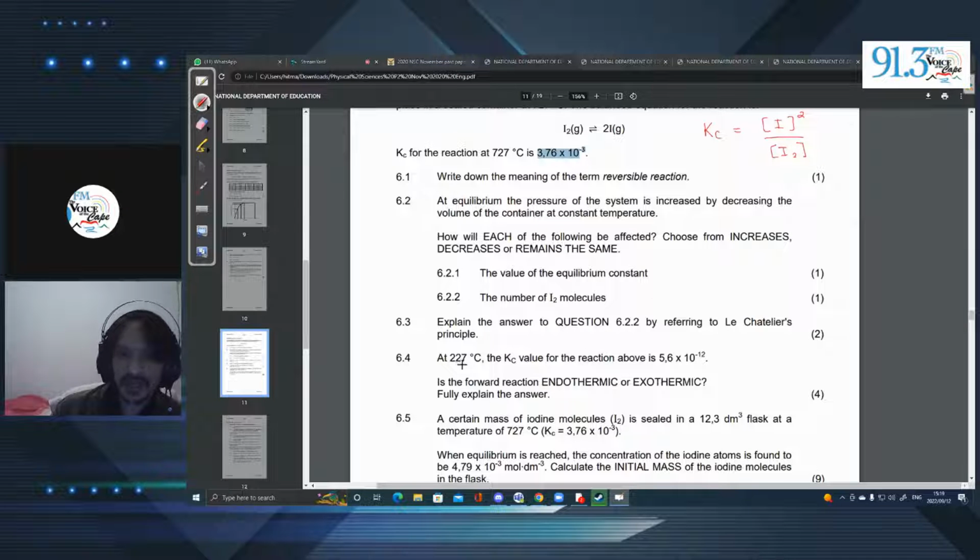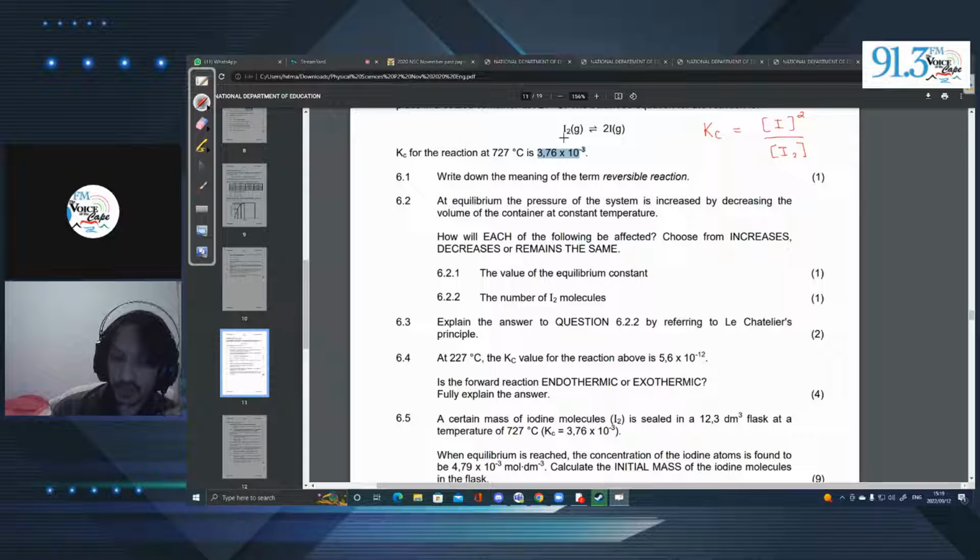And so what is that telling us? That's telling us that at 227 degrees Celsius, we are producing less products. Which means if we're producing less products, we are producing more reactants. So the reverse reaction is being favored.